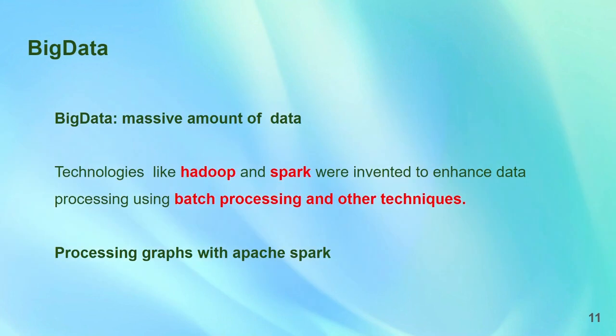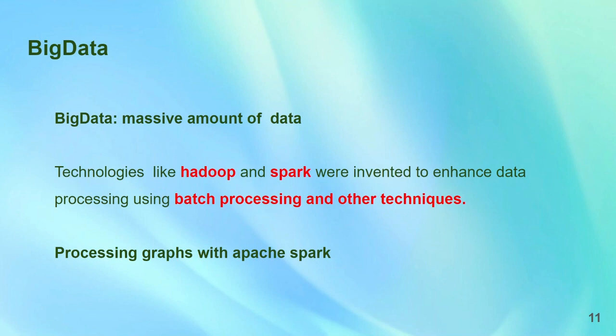Before we showcase a brief demonstration, I want to mention the term big data. Most of the time, big data refers to a massive amount of data. We saw earlier different ways to interrogate data. We can interrogate it using rows, columns, aggregation, indexing, and graphs.